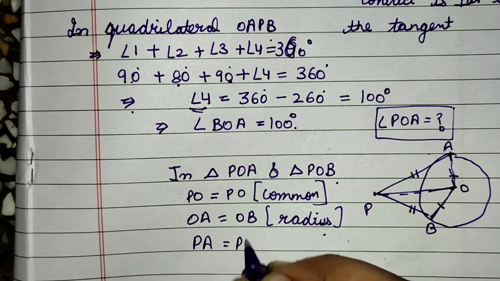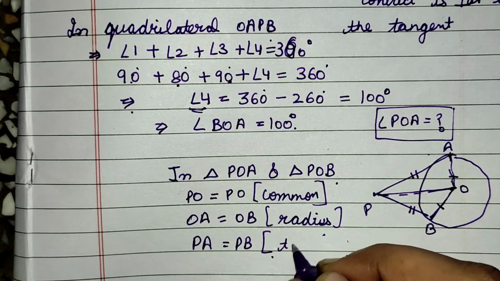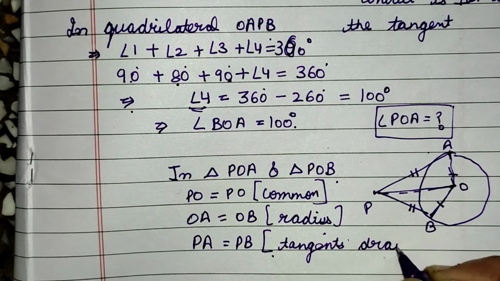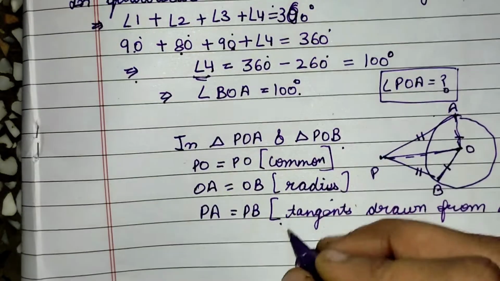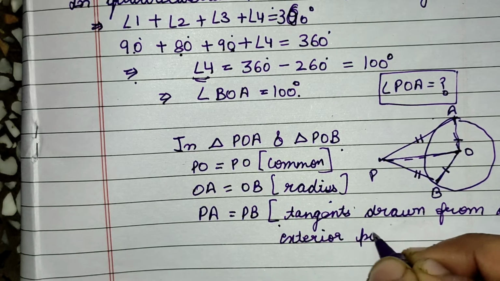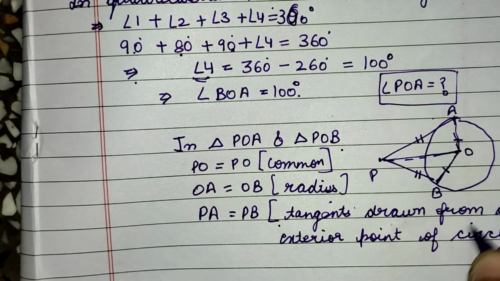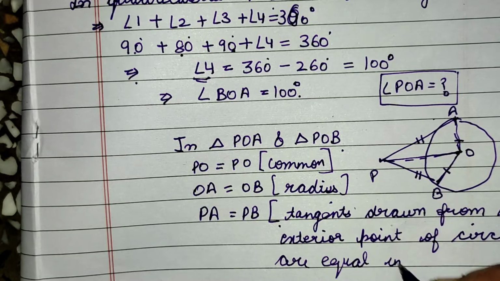Why? According to theorem number 10.2, the tangents drawn from an exterior point of the circle are equal in length, right?